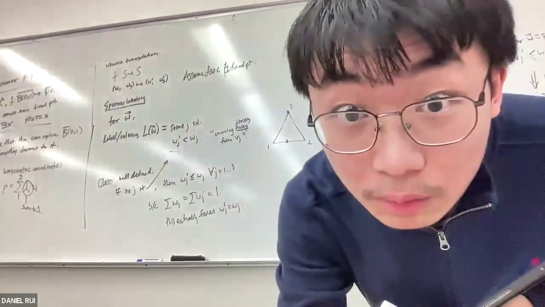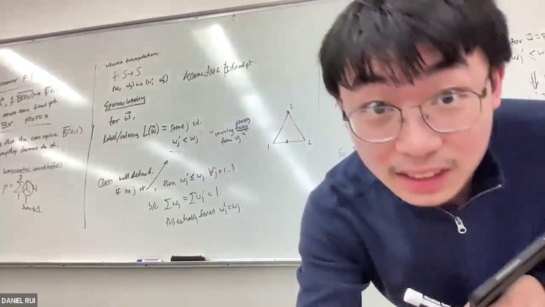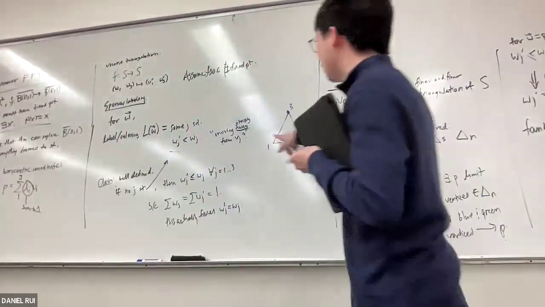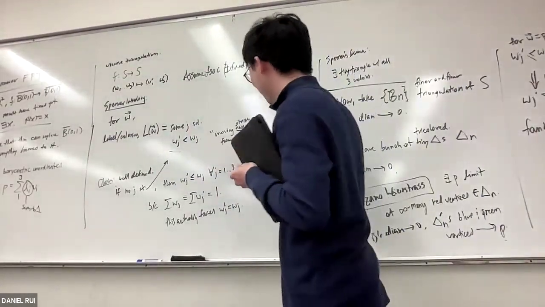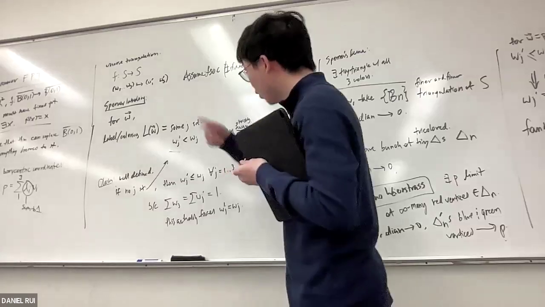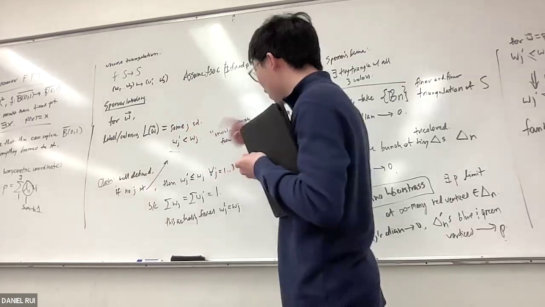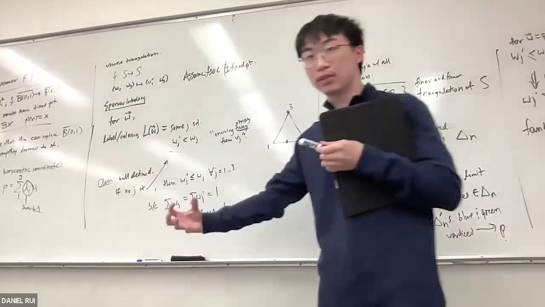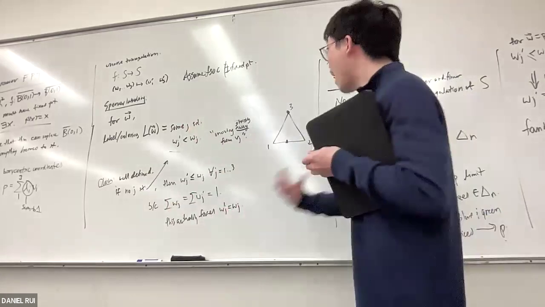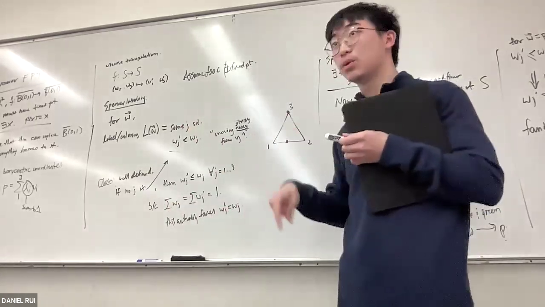Let me read this question. And then I said that in English, this means that I'll color the point W the color J if I'm moving away from the vertex Vj, where away means away in terms of the barycentric coordinates.